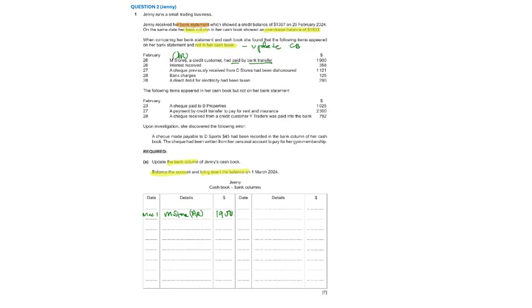Okay, done. Next, interest received. Also not in your cash book. So now it's for you to put it in your cash book. Debit or credit? Left or right? You receive interest. Correct.